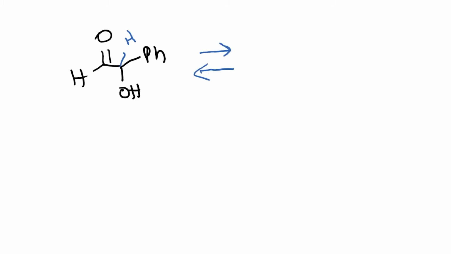When you start with this compound and form the enol, let's say the benzene ring is over here, and here is the hydrogen. You can in principle propose that it can form the enol form, and the enol form is going to look something like this.